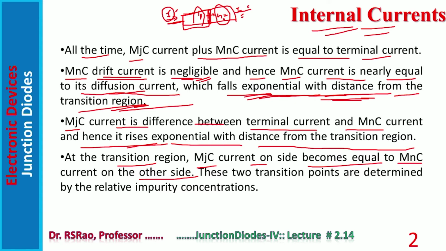So naturally, current on the P side is equal to current on the N side. On the P side, it is majority carrier current. On the N side, it is minority carrier current. Therefore, at the transition region, majority carrier current on one side becomes equal to minority carrier current on the other. These two transition points are determined by relative concentrations.